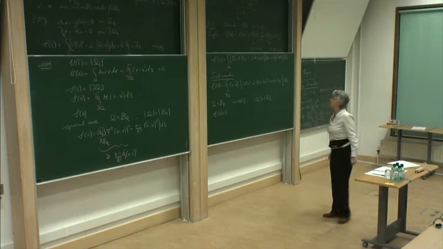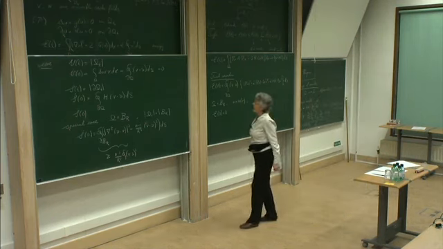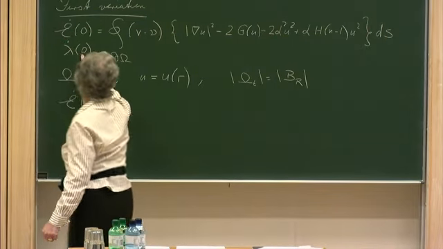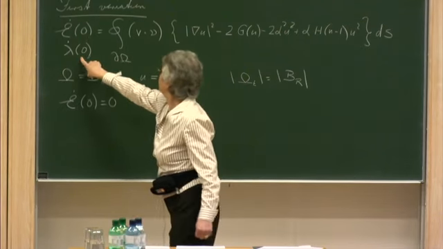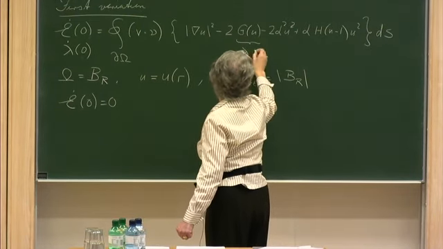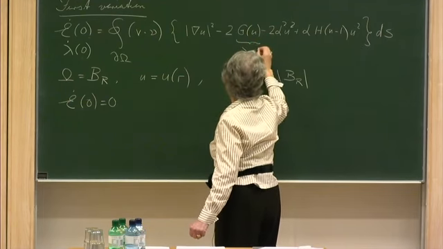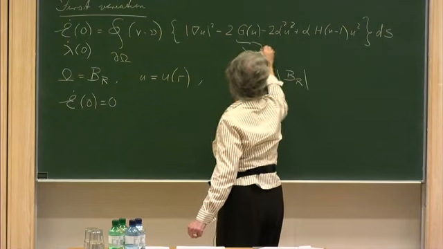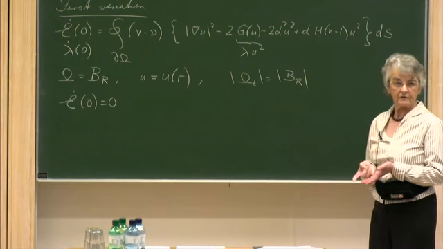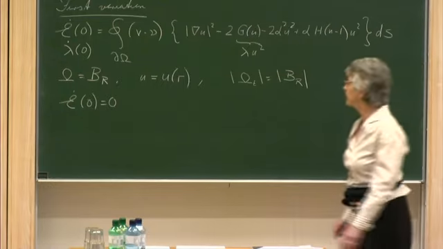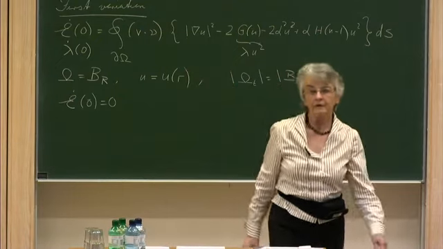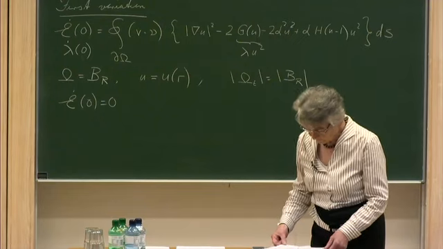Now, a very similar result is obtained for the eigenvalue. Then we have to replace E dot by lambda dot, and here we have 2 lambda times u squared. And so it's the same, provided the eigenfunction is radial. It holds also for higher order eigenfunctions, not only for the principal one.